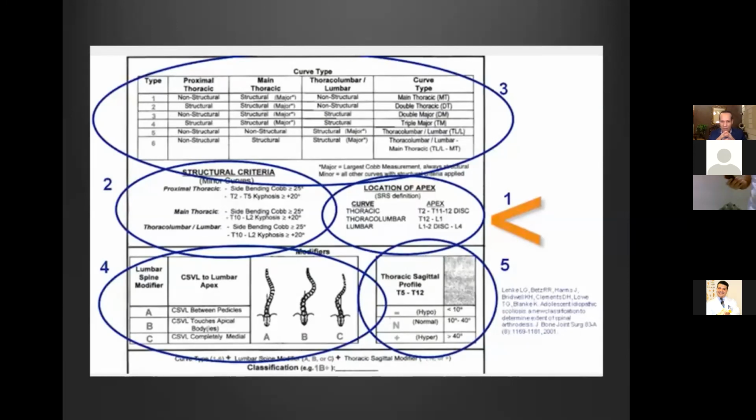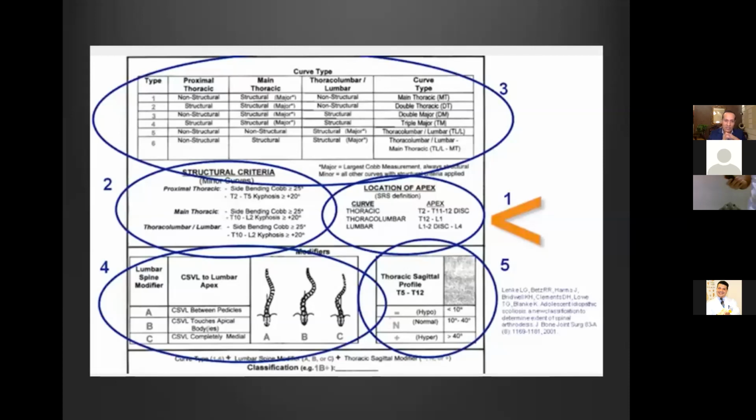From these points, we see where the apex is exactly in these cases. For the proximal thoracic, the apex is usually T2 and so on. So we know the location of the apex from the curves themselves.